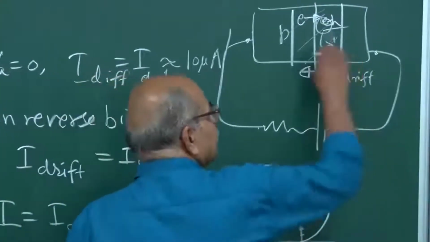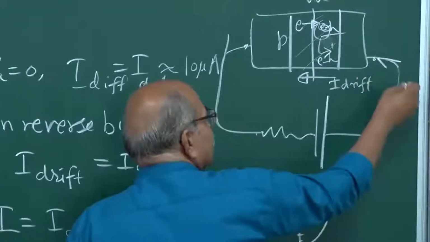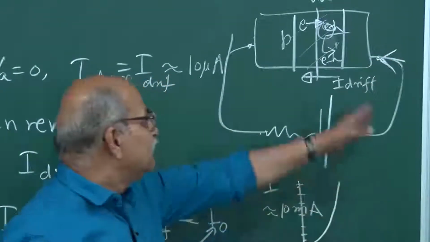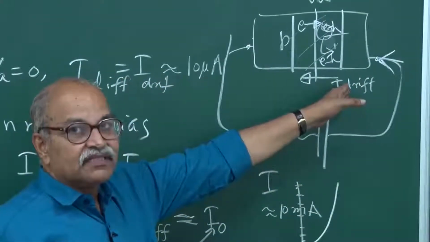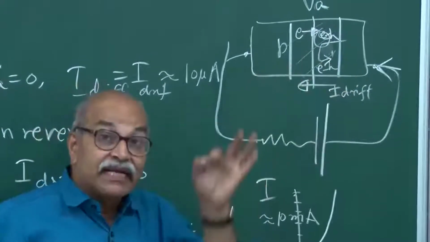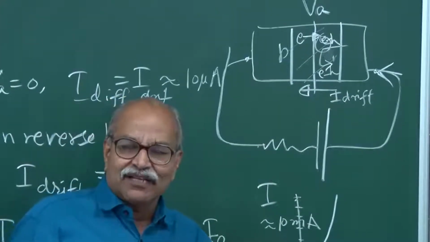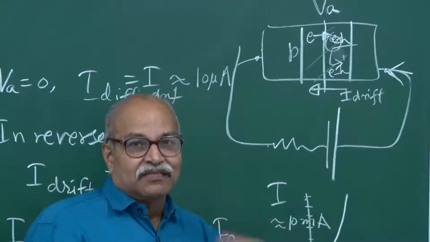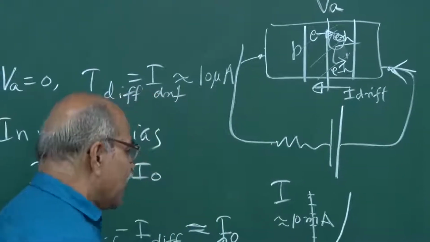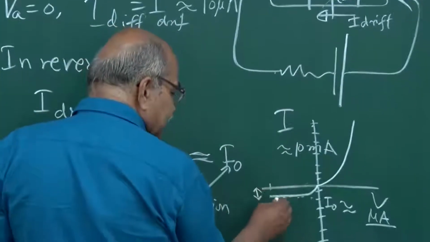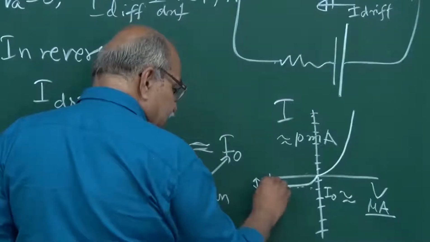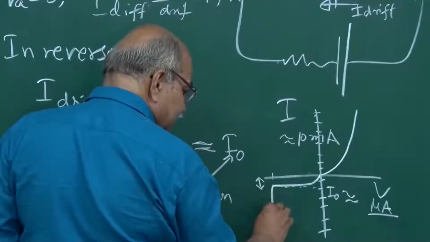Electrons are going this direction, so the current is going in this direction. You will have a large I drift. This is known as breakdown. This is one mechanism. There are other mechanisms also, but the fact is that if you have reached that breakdown, then the current can suddenly increase many fold.